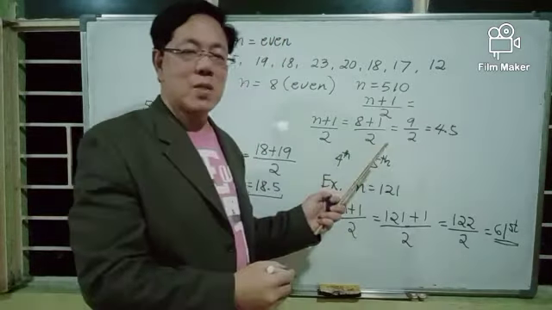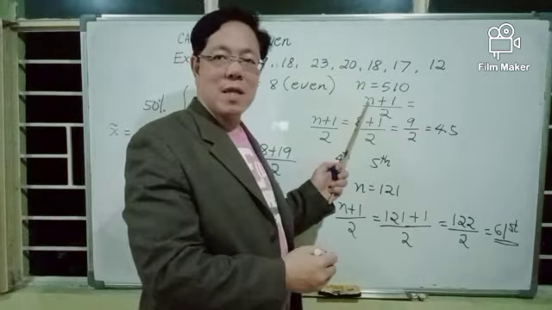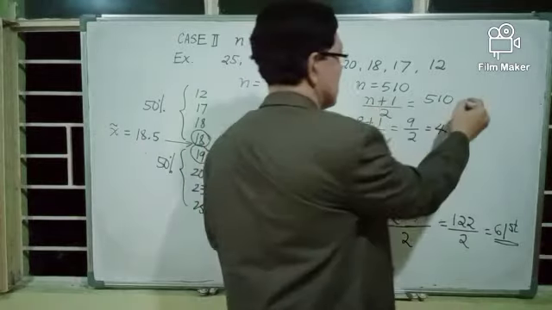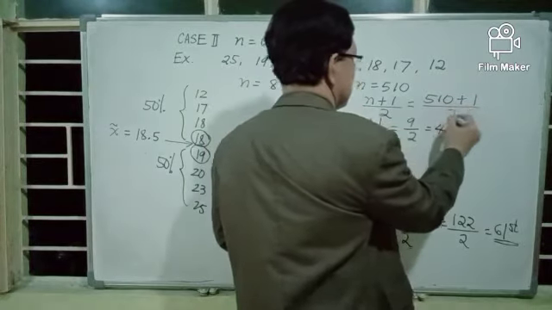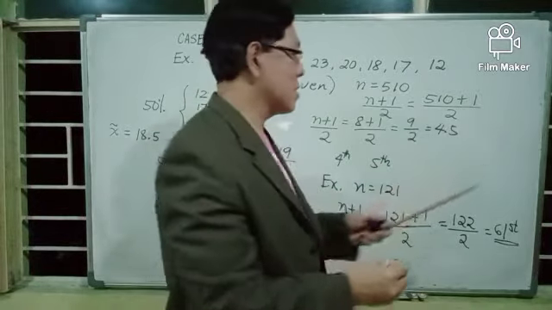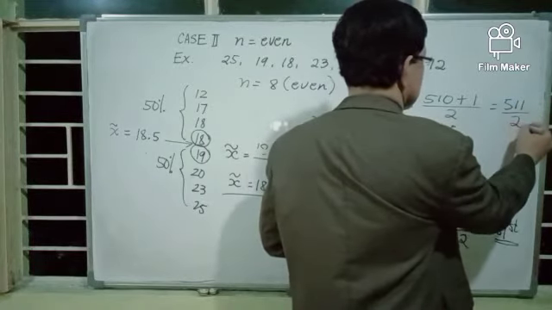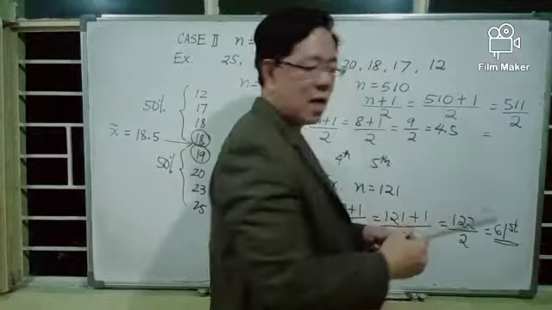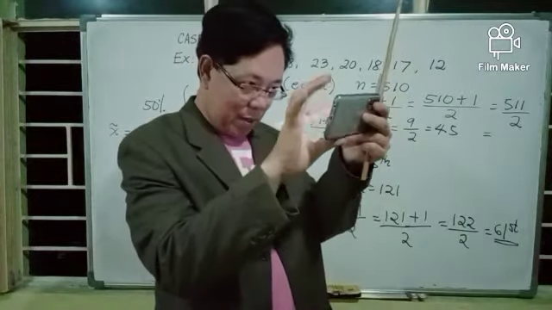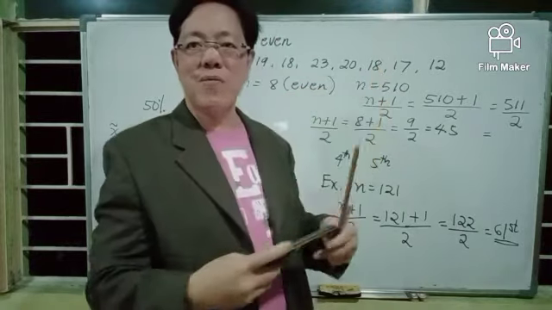N plus 1 divided by 2 for an even number of observations of 510 is 510 plus 1 and divide by 2. And 510 plus 1 is 511. And you divide 511 by 2 using your calculator. 511 divided by 2 is 255.5.